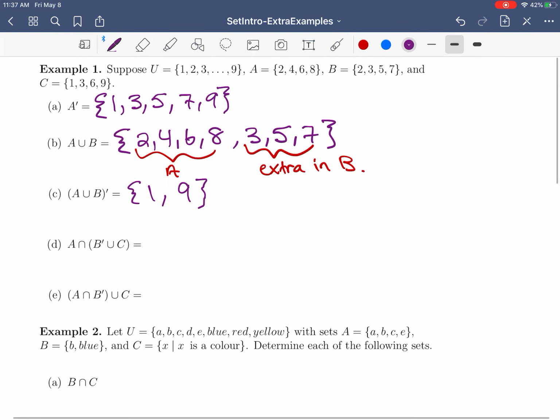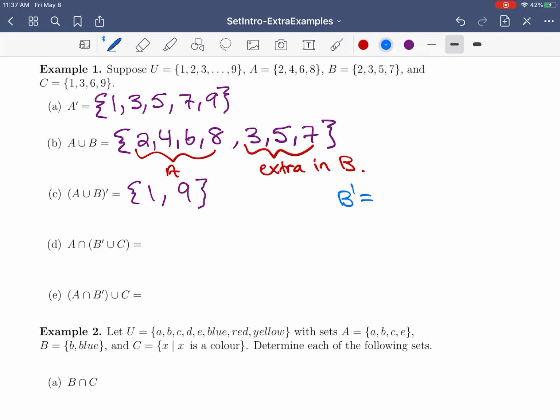Now for D, we're doing A intersection bracket B complement union C bracket. Okay, so these brackets are important. Remember, you have to do the bracketed bit first. So in order to do that, we might want to have B complement ready.